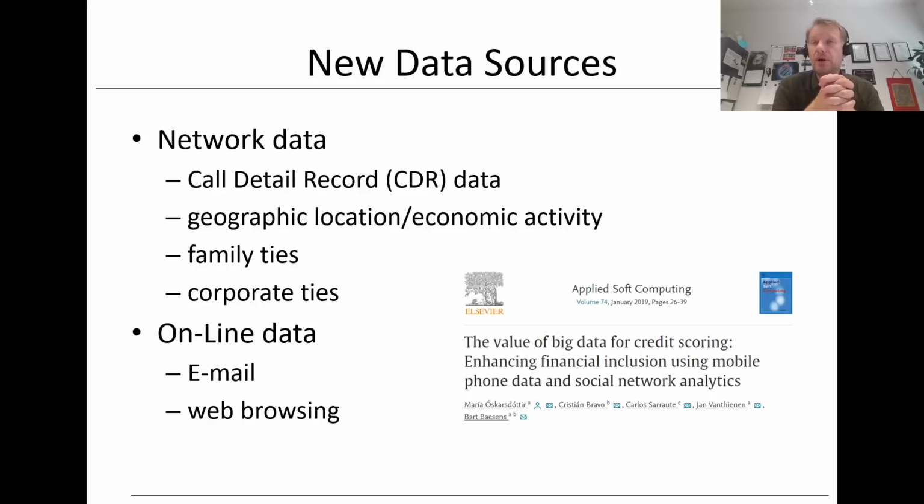Think about emerging markets, think about developing countries where people do not have a lot of information available about their historical credit quality. Banks operating in these countries do not store a lot of information, or no information, about their customers at all. The availability of call detail record data could actually facilitate credit access to those people about whom we know nothing, right?